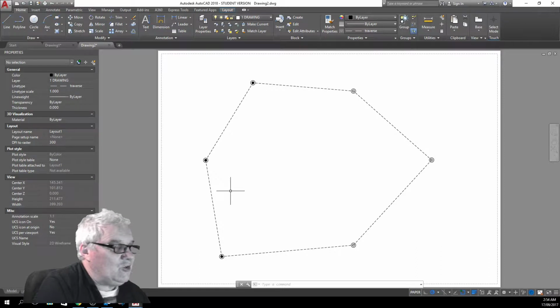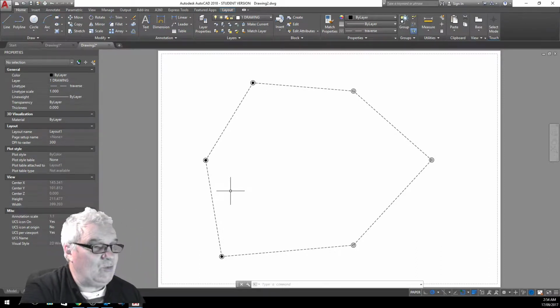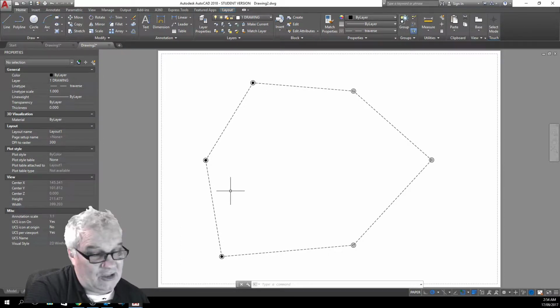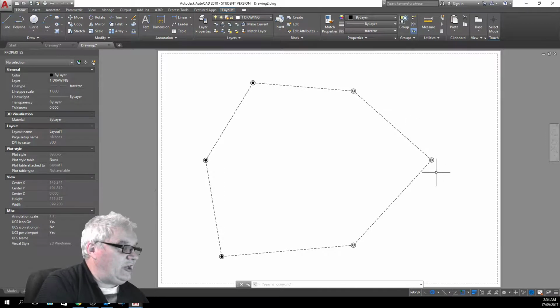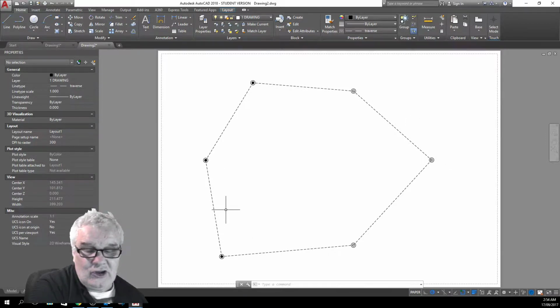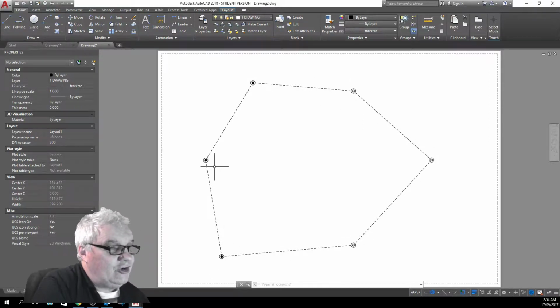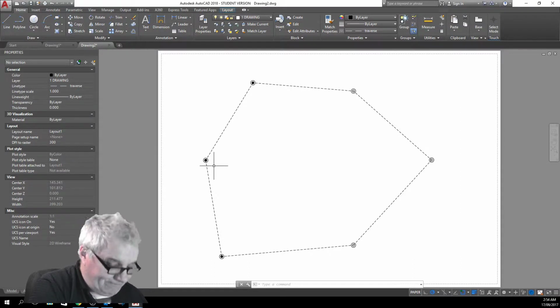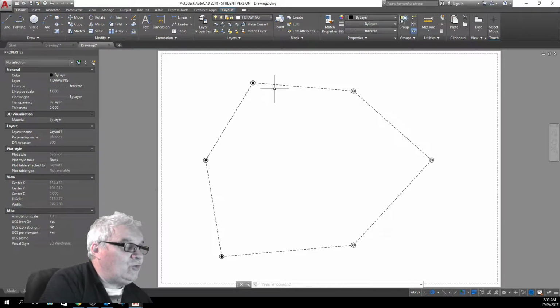If it doesn't agree with this bearing, that would tell us that we've got a misclose, and then depending on what the misclose is, we might adjust it across each of these angles so that the interior angles of the closed traverse shape add to the correct value. We've got 1, 2, 3, 4, 5, 6 sides.